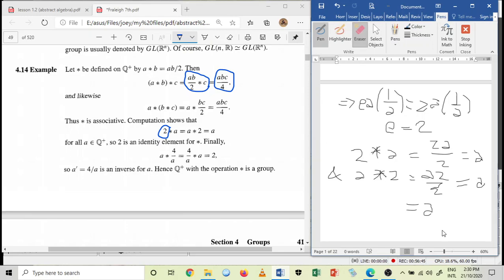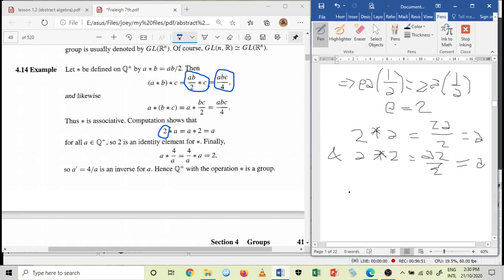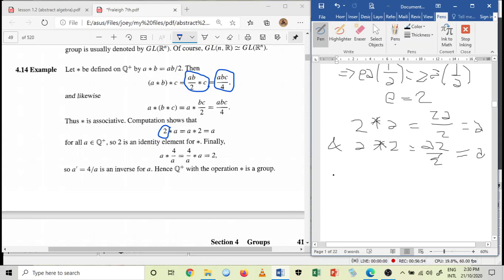Therefore, we can now formally say that Q plus has an identity element, element 2, for the defined operation asterisk.